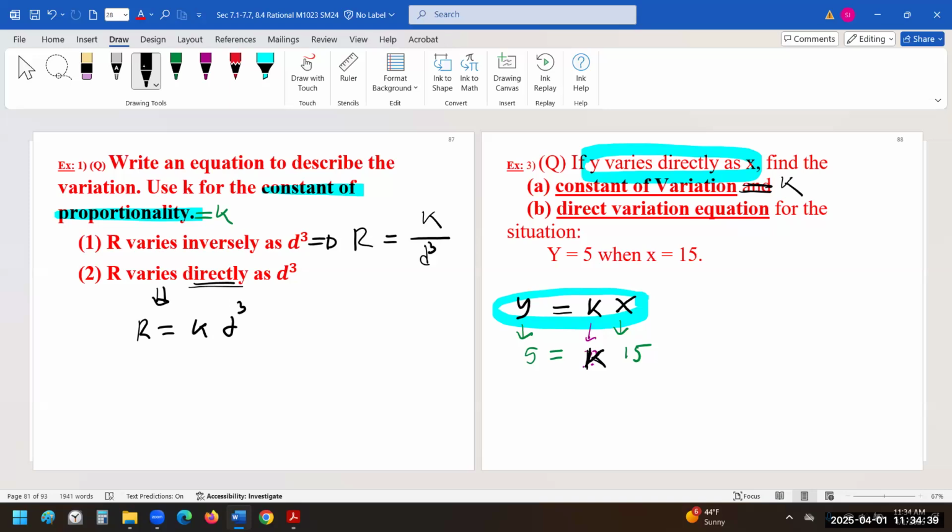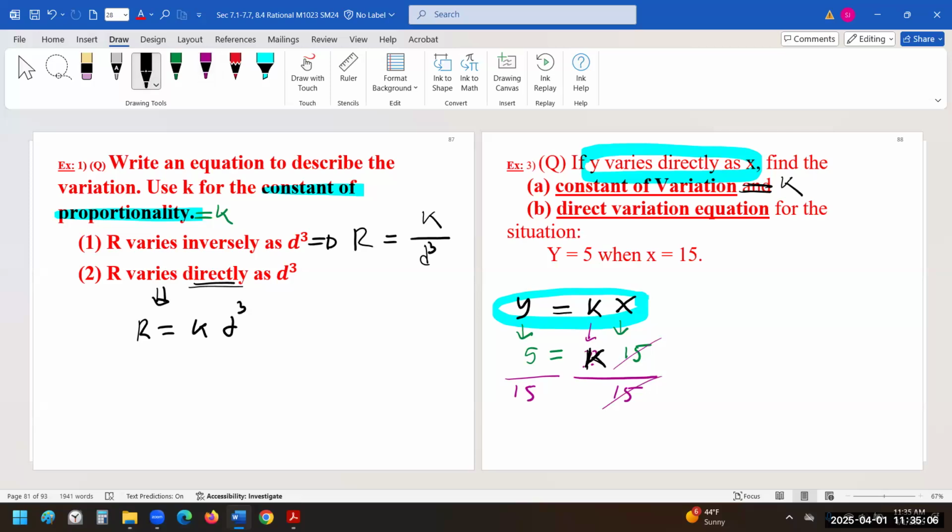But now we can solve for K. If you want to solve for K, which one do you have to get rid of? The 15 or the 5? The 5 is on the other side of the K. Does it affect K? We don't want the 15 next to the K because we want to get the K alone. So you divide by 15.